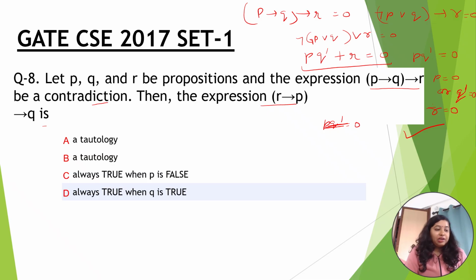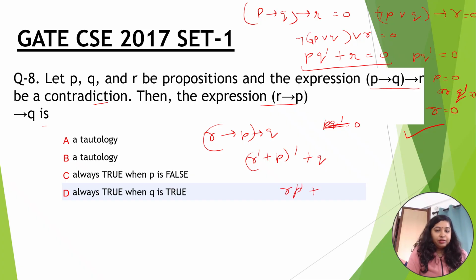Okay, so now let us see. R gives P gives Q. This gives R bar plus P whole bar plus Q. R P bar plus Q. R P bar is 0. Okay.